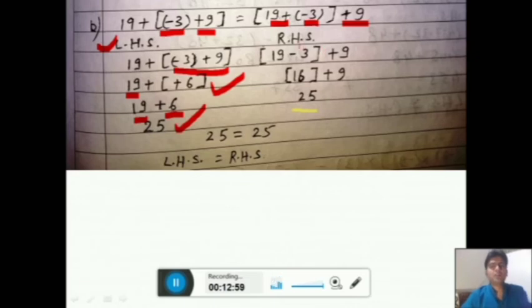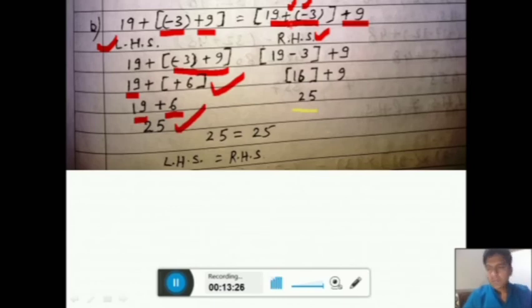Now we will take the RHS part. In the RHS part, 19 plus minus 3. Here plus and minus will multiply, because there is no number between the bracket and the sign. When two continuous signs are there without any number, we have to multiply the signs.